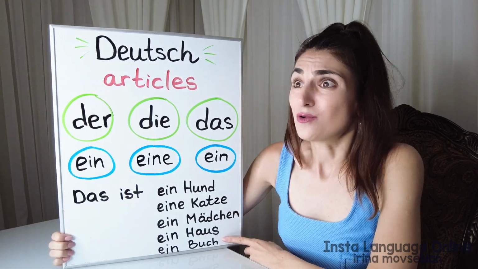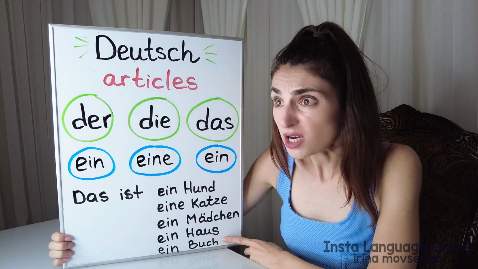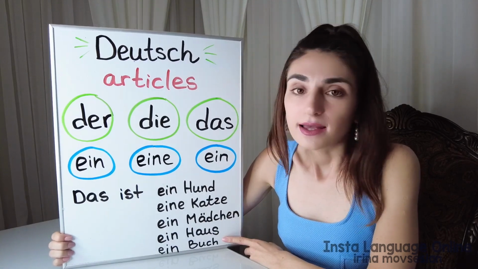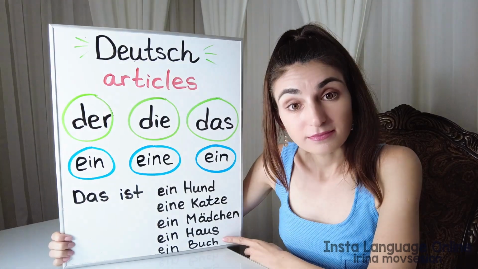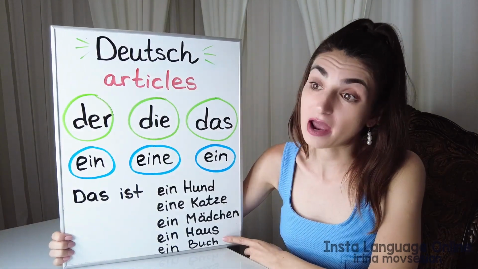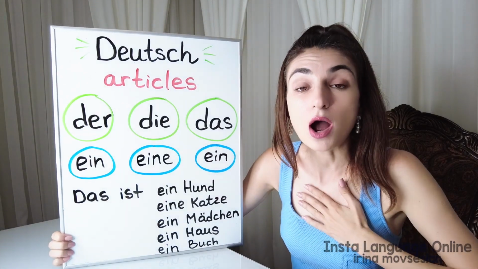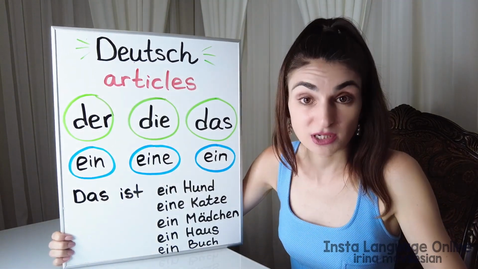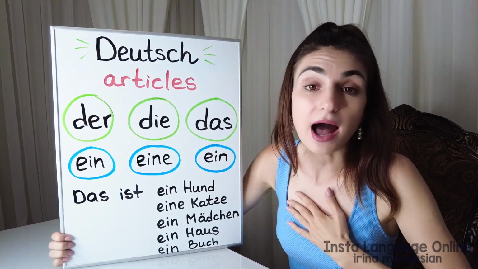And then we have to remember which gender is which word? And the answer is yes. Yes, we must. I know it's very, very frustrating. I'm with you. I'm on your side with this. I'm in the same boat. I had to go through the same thing. So I'm going to help you.